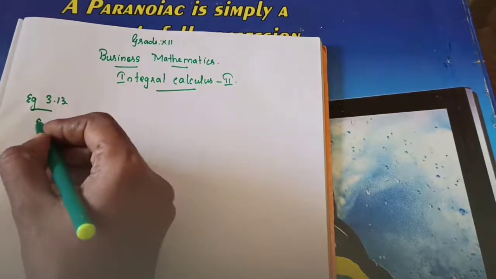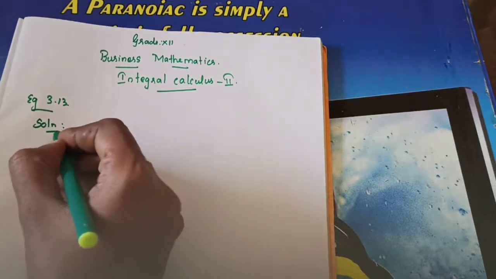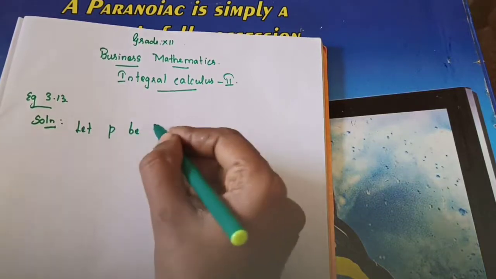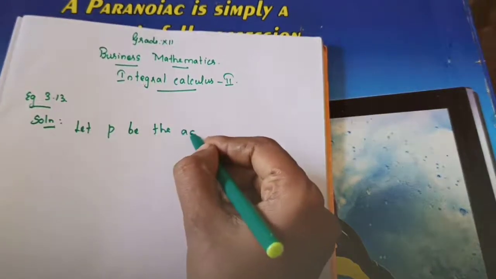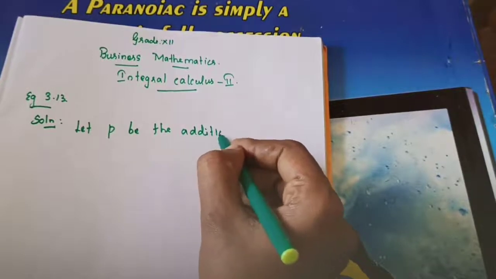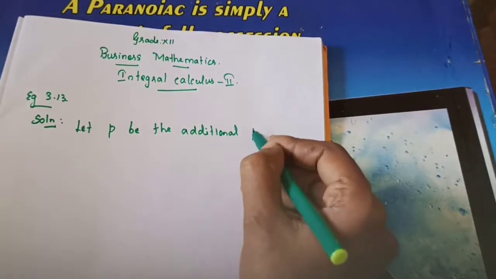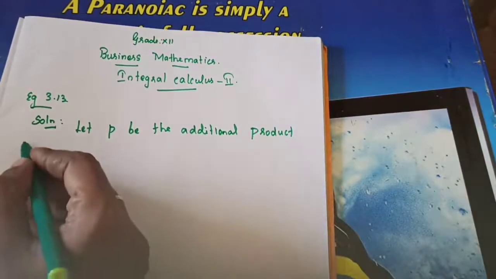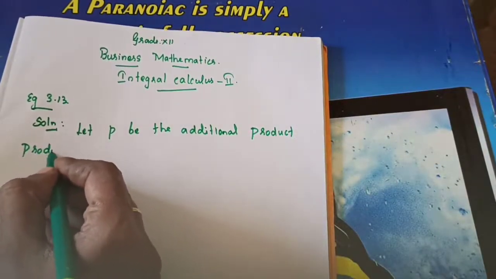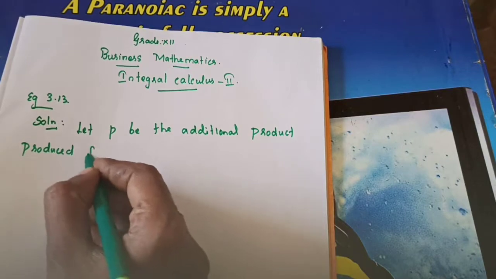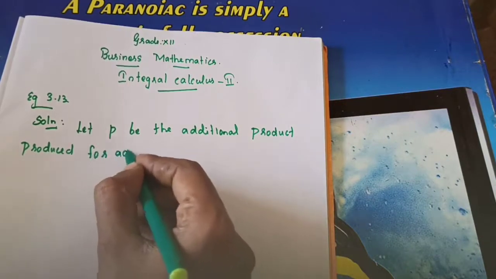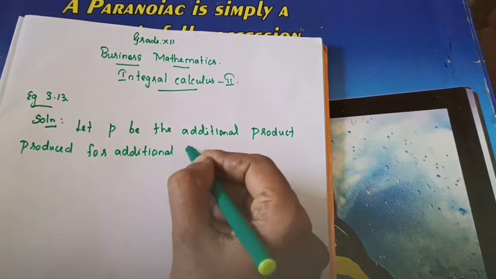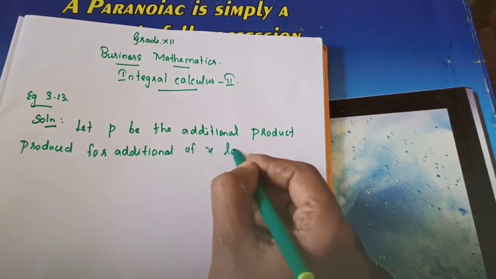Okay, so we can write, let P be the additional product produced for additional x labor.